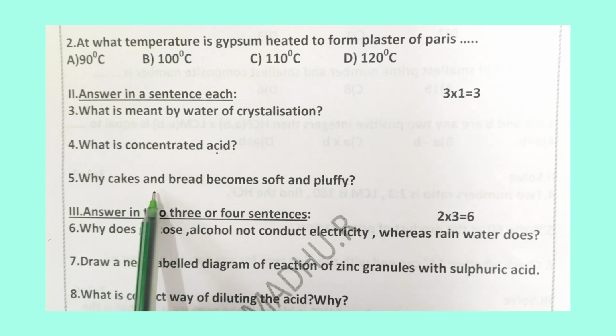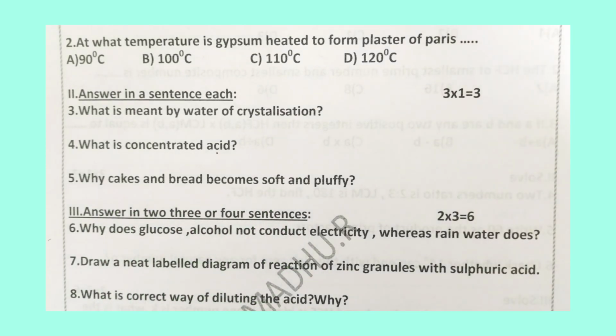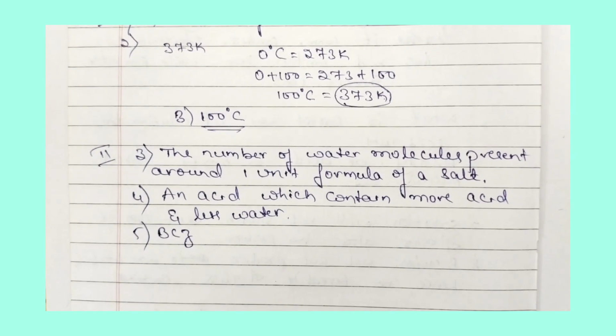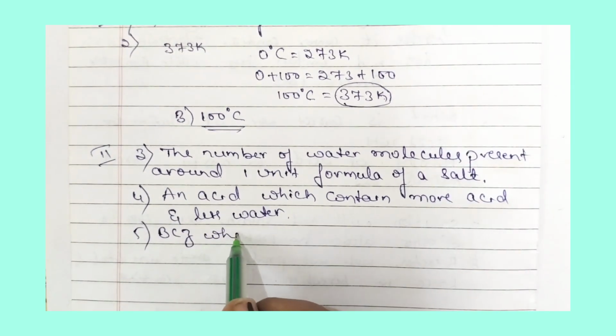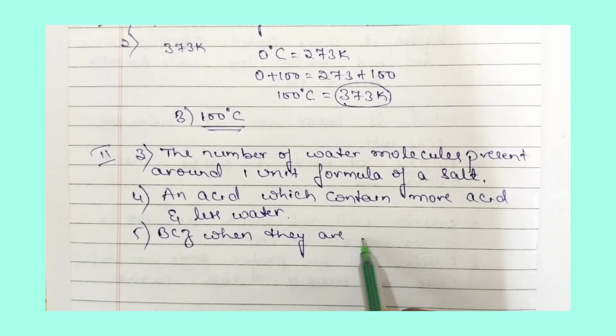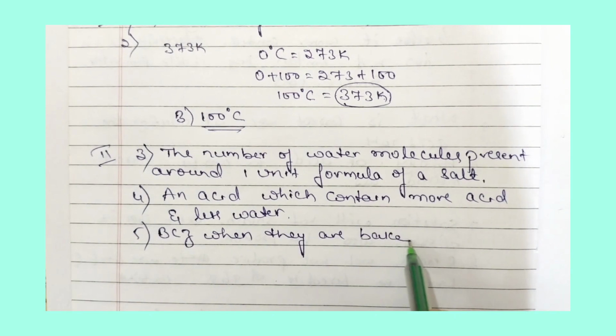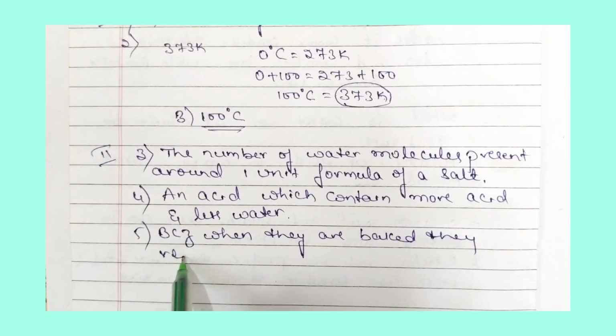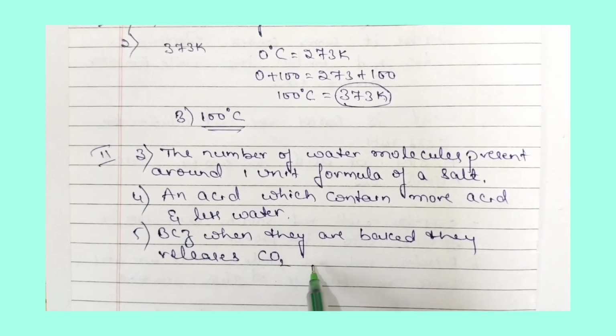So why do cakes and bread become soft and fluffy? Because when they are baked, they release carbon dioxide.